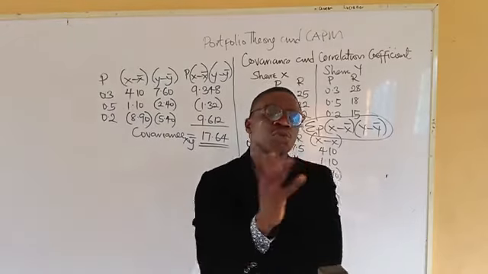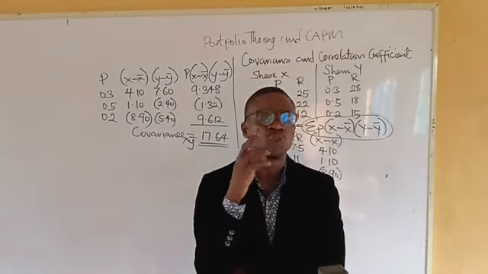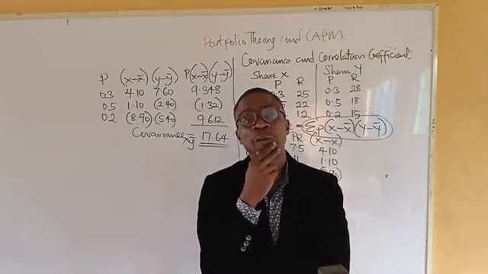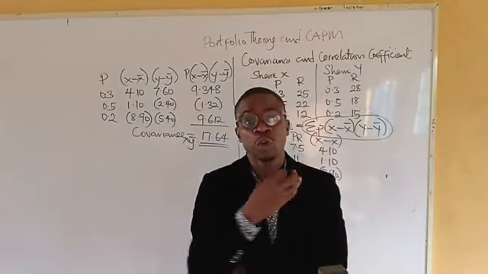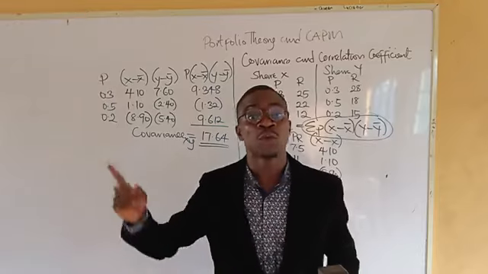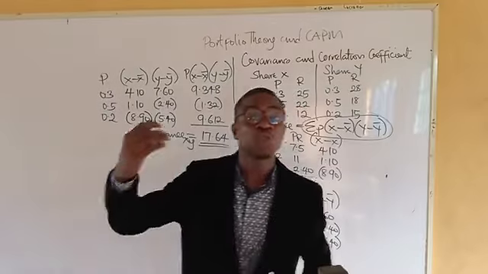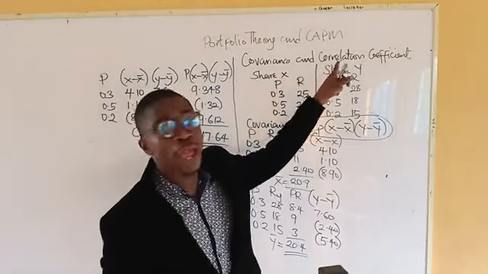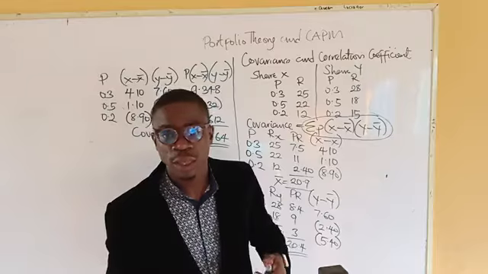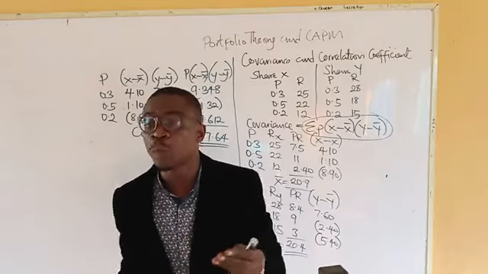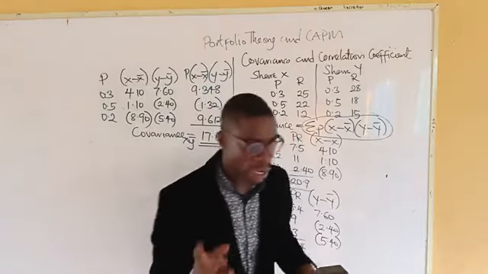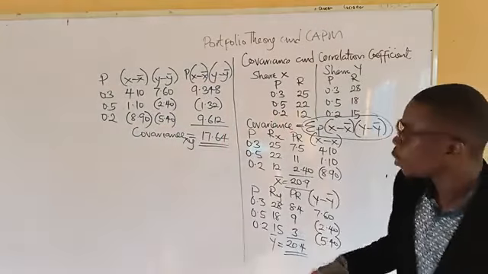Now, when it comes to statistics, people prefer to use the correlation coefficient to test the relationship between two variables rather than covariance. I will give you the reason.